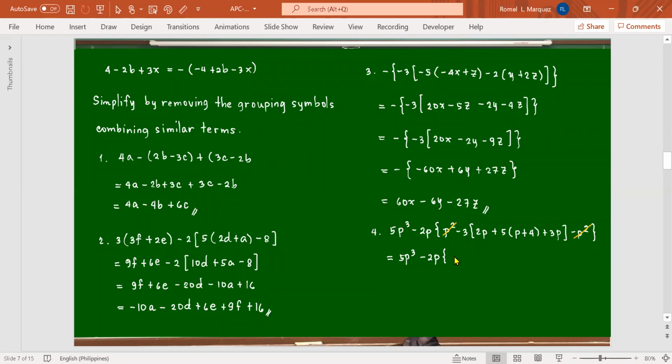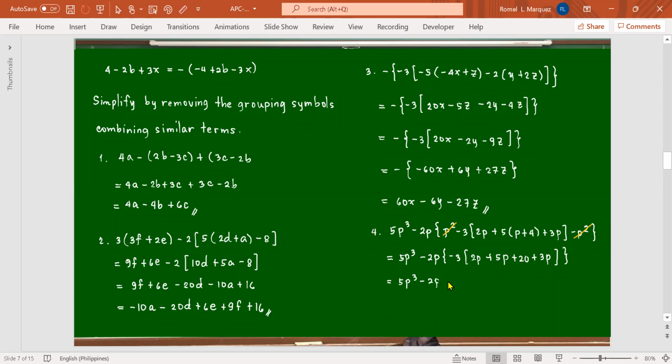Things inside become simpler. So negative 3 or 2p plus 5p plus 20, ito plus 3p. Okay? Negative 5p cubed minus 2p.